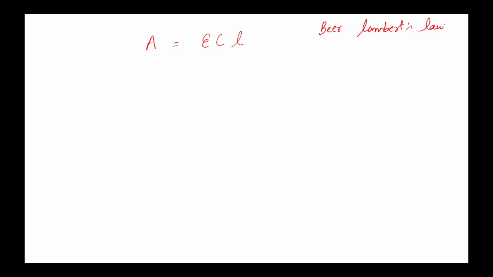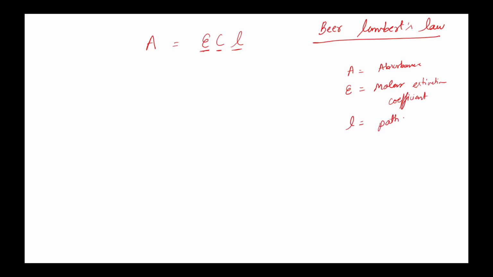This is the Beer-Lambert law. Here A is our absorbance, E is the molar extinction coefficient, C is the concentration, and L is the path length, or the length of the cuvette.